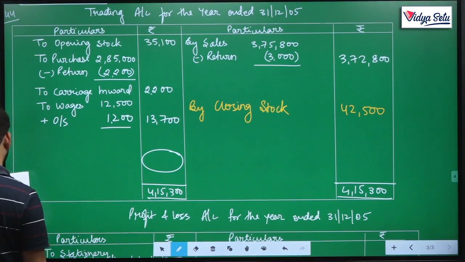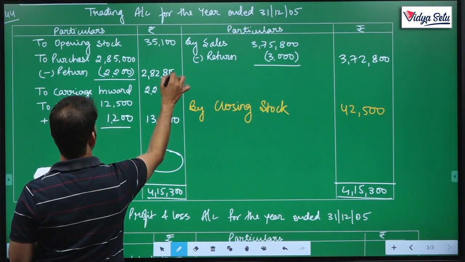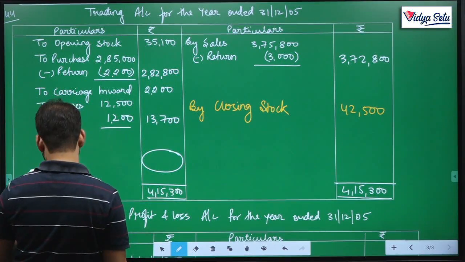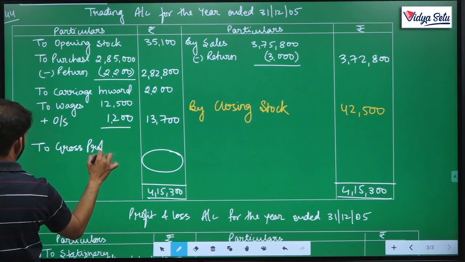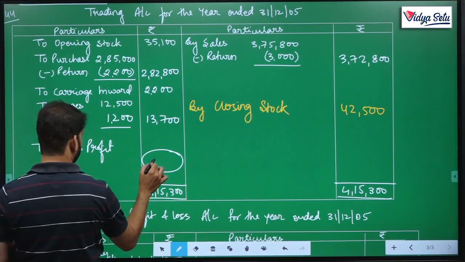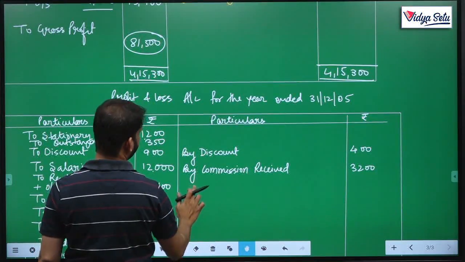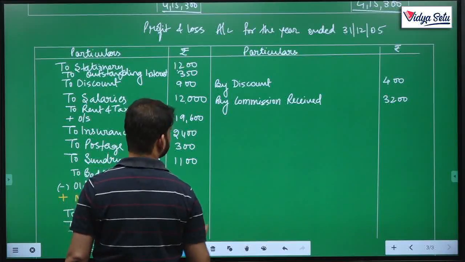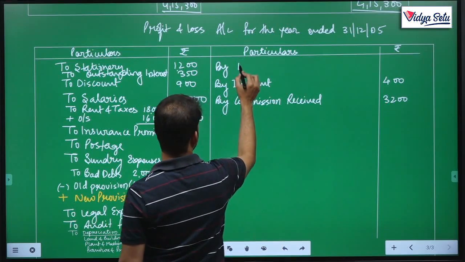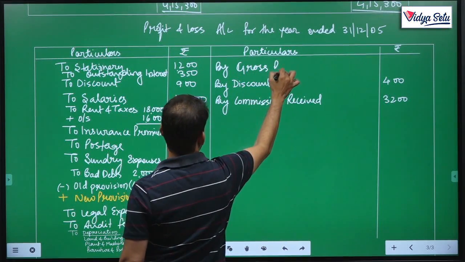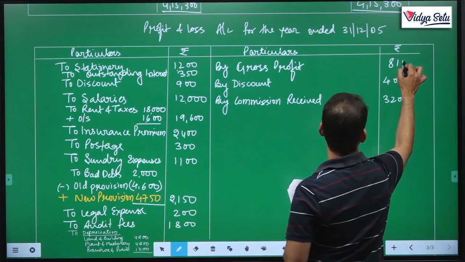The gross profit is 81,500. The same gross profit will be brought down in our P&L account.